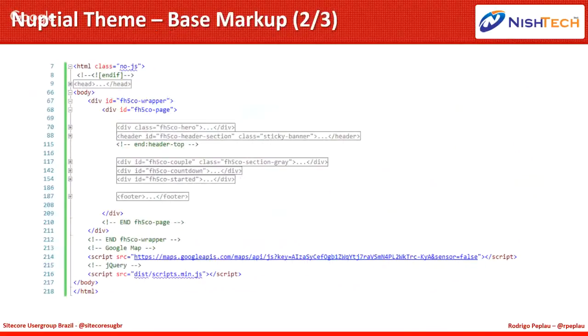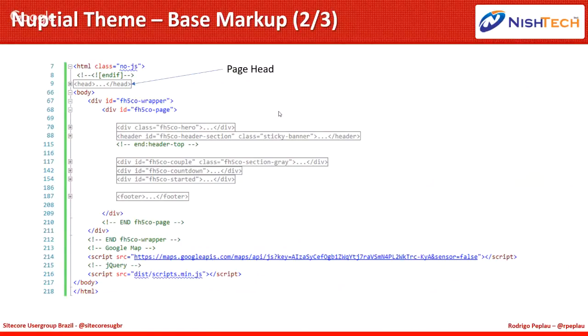And here I'm bringing you the base markup of this whole template. As you can see here, there are some things that will be problematic if you adopt that altogether in SXA. We got a page header, as you can see here. This is not problematic at all.